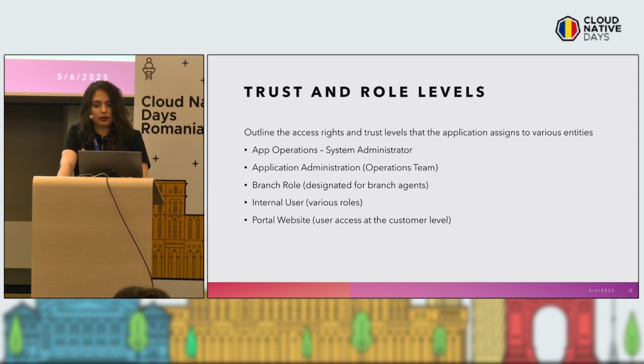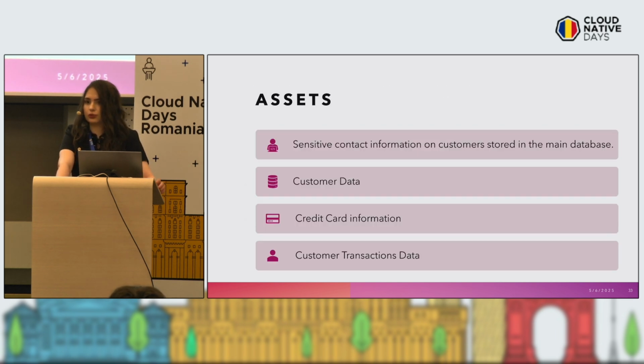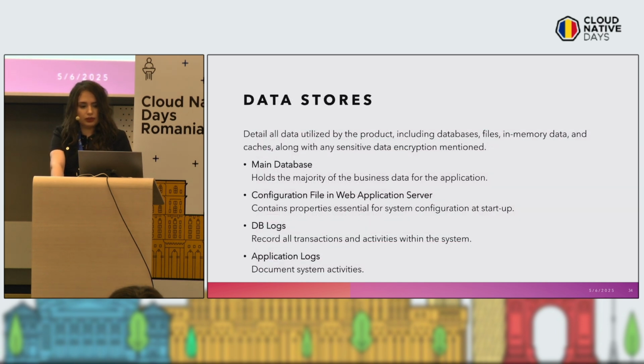And there are the application administrator, the operations team, and lastly, for the portal website, there are the customers that have access only to the personal data. And we identified those assets: the customer data, the credit card information, and the customer transaction data, the key assets that an attacker would be interested in. And this needs to be kept secure.